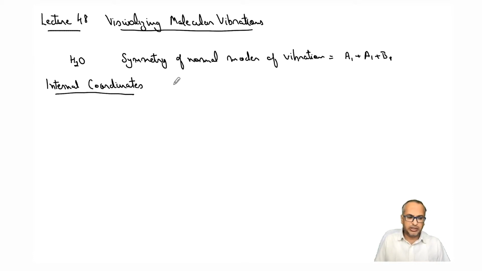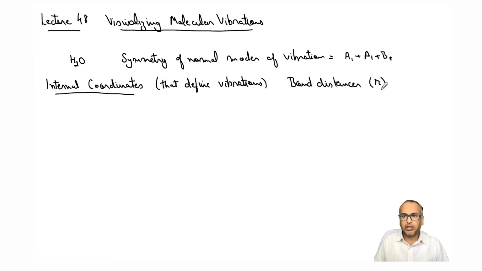So internal coordinates are those that define vibrations. These are bond distances, or you can say change in bond distance also, bond angles, which is theta, and torsional angles, let us say these are phi.